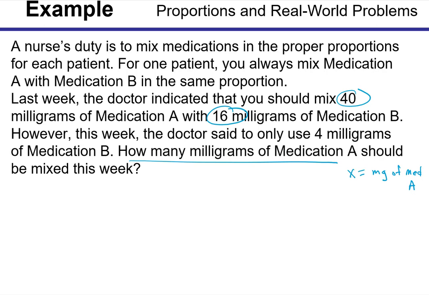Now, there's a little bit of flexibility here on your ratio. But let's make sure that we're going to keep everything in order by figuring out our ratio. Let's let the ratio be medicine A on top and medicine B on the bottom.